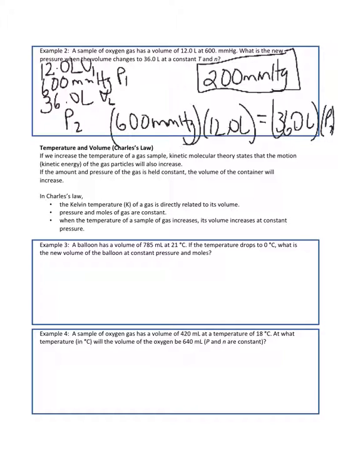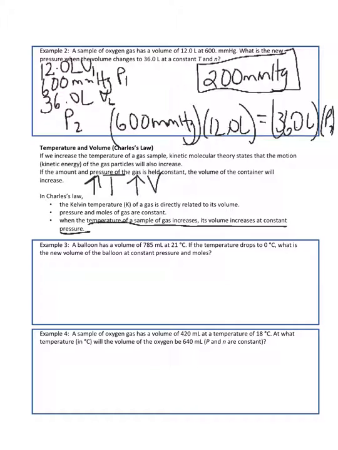In Charles' law, the Kelvin temperature of a gas is directly related to its volume. Pressure and moles of gas are constant. When the temperature of a sample of gas increases, its volume must also increase. This is because we are now dealing with a direct relationship and not an indirect relationship. So, according to Charles' law, if you increase the temperature, you increase the volume.